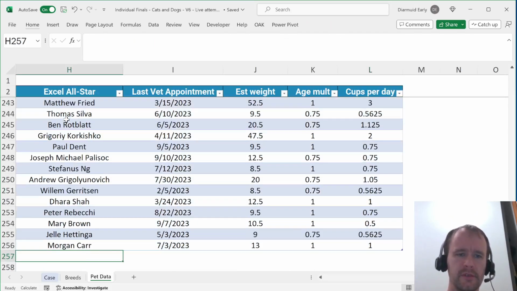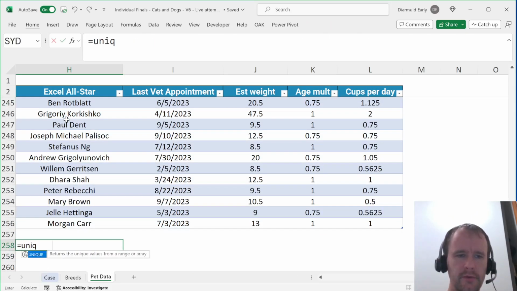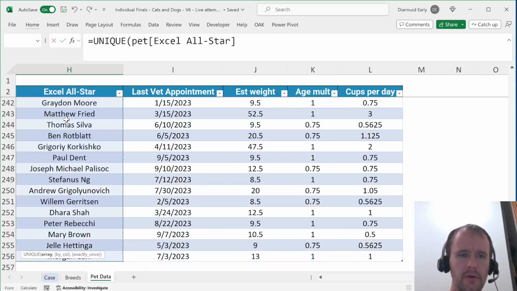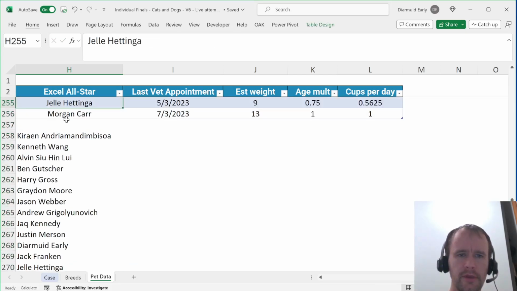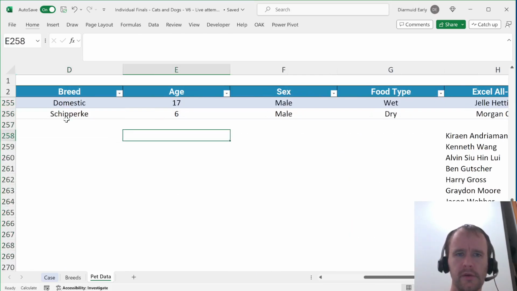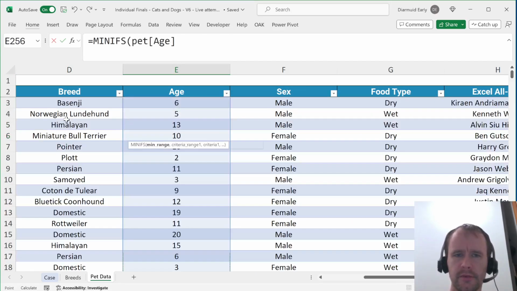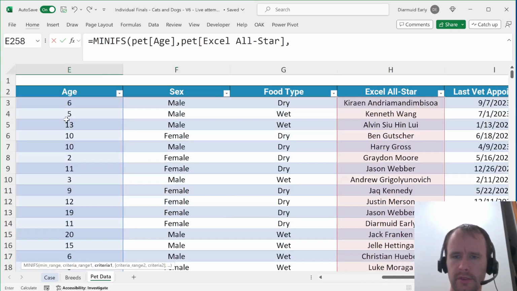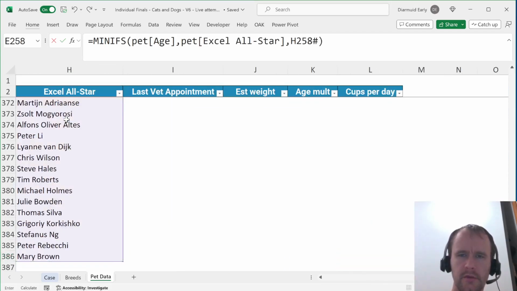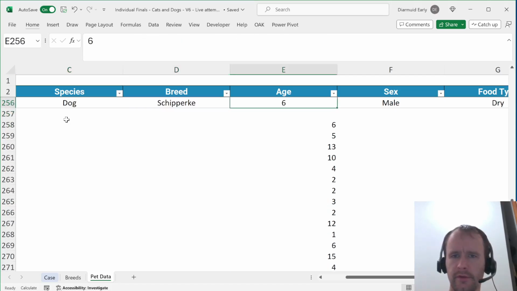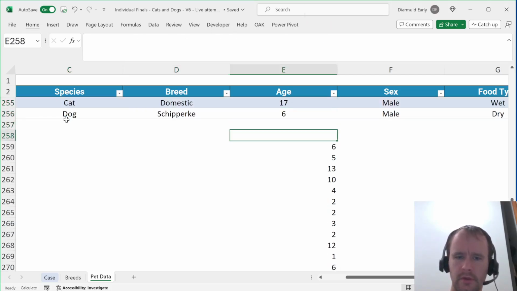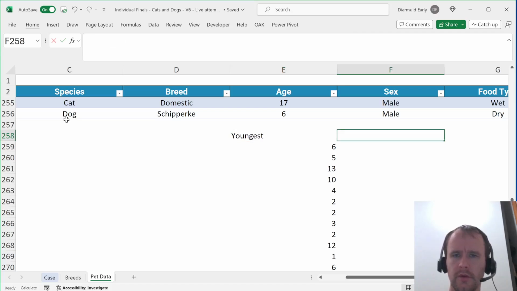So let's come over here then, and let's take unique of these. Then let's take min ifs of this, where this is this. Then, so this is youngest, then count.